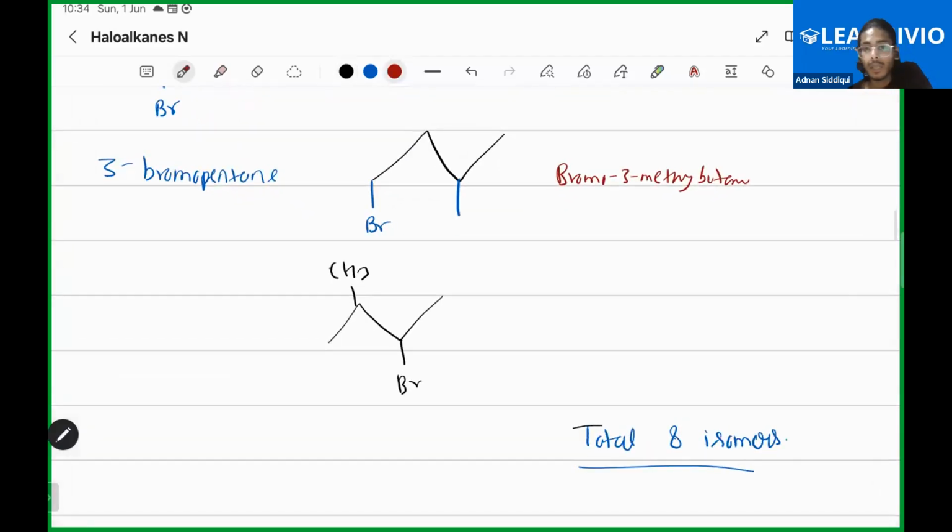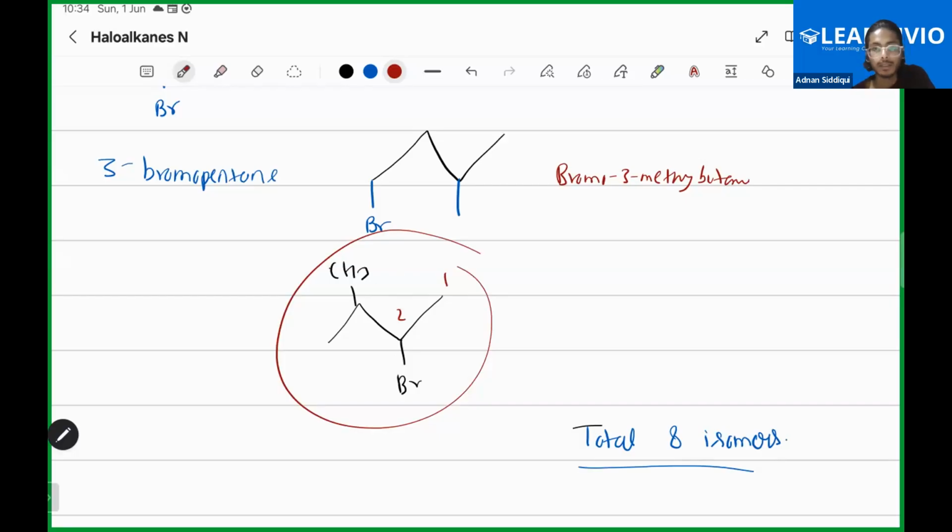Whenever we name a compound as per IUPAC, we have to do the numbering from the side where we get the lowest locant. If I am going from here, out of methyl or bromine, which is the higher priority group? So we always do the numbering in this way, and the bromine will always be at the second position.